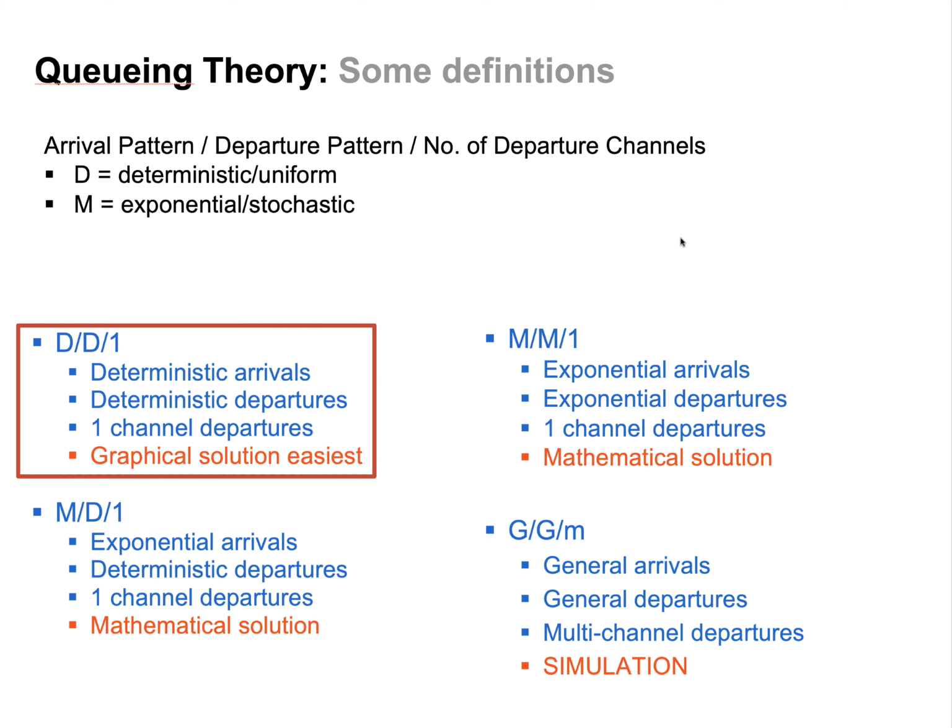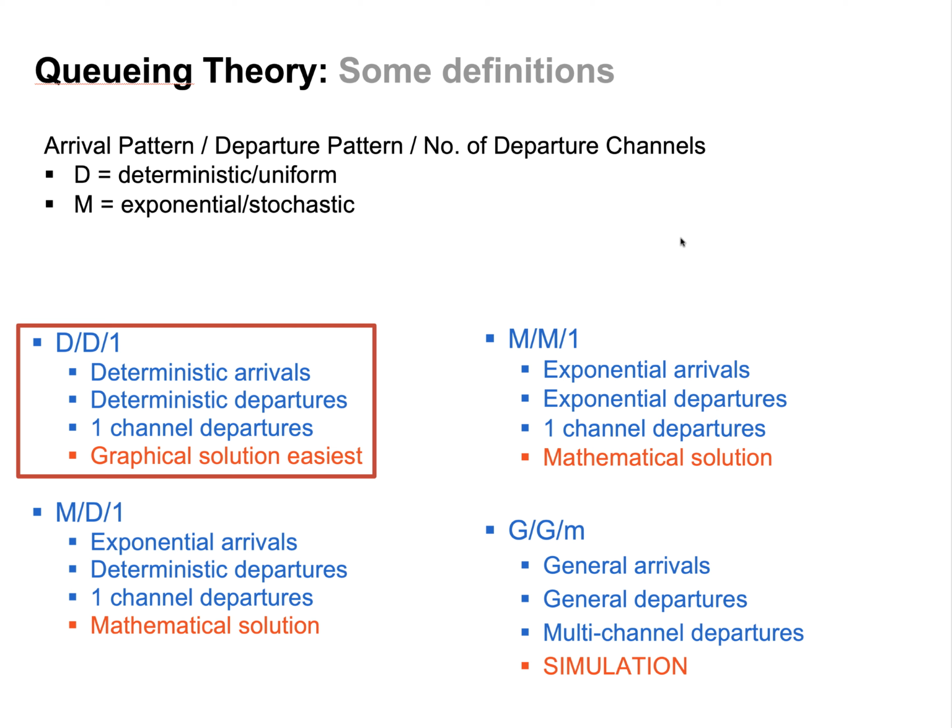I would like to just mention that there's some terminology that's used, and you can find this in the Mannering textbook. And basically the terminology is a coding for the characteristics of the arrival pattern, the departure pattern, and the number of departure channels.